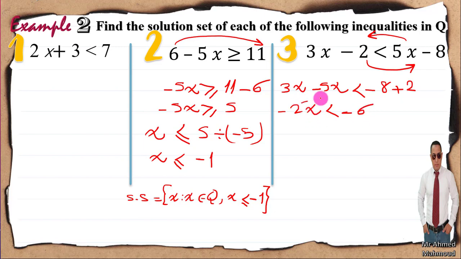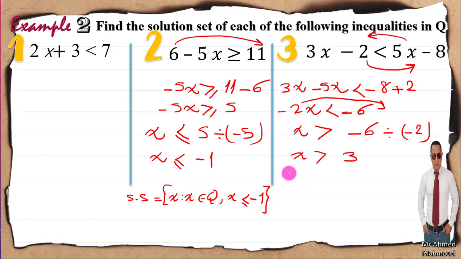Now I'm going to send the negative 2 as a divisor, so x, and here negative 6 divided by negative 2. When dividing by a negative, we change the direction, don't forget. So x greater than 3, so the solution set will be x such that x belongs to Q and x greater than 3, and close the set.